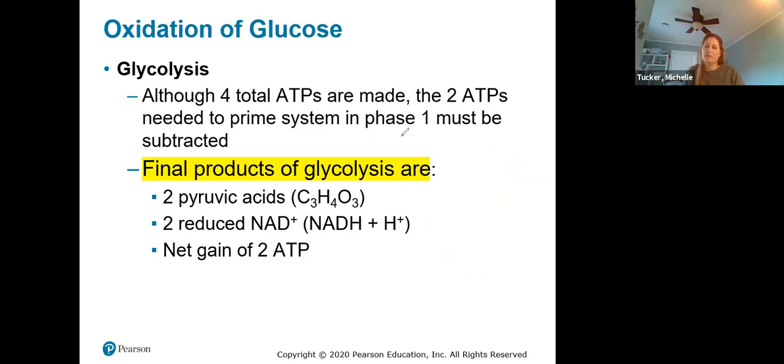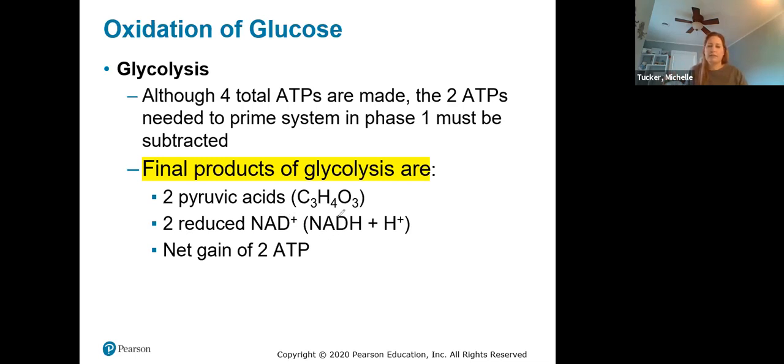So know what you start with. You start with glucose. You end with pyruvic acid or pyruvate, either term is fine. And then you also end up with a net of 2 ATP because you produced 4, but you needed 2 for activation energy.